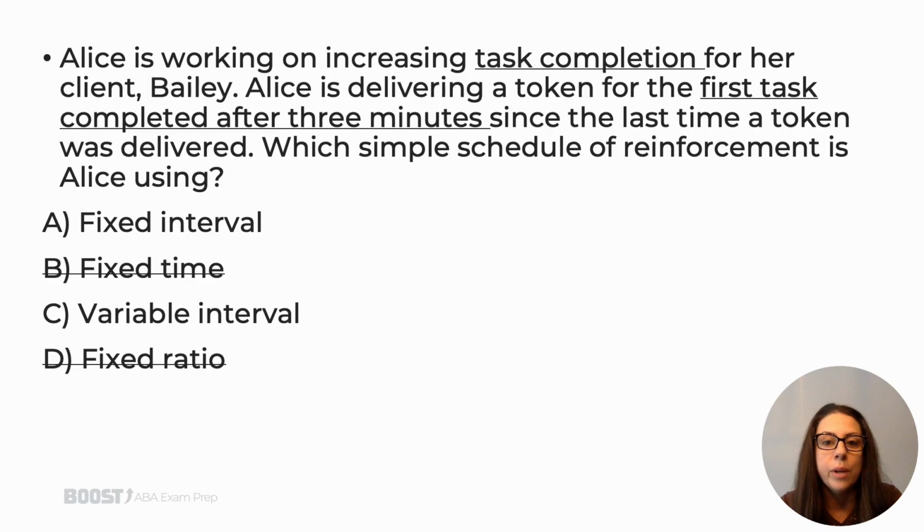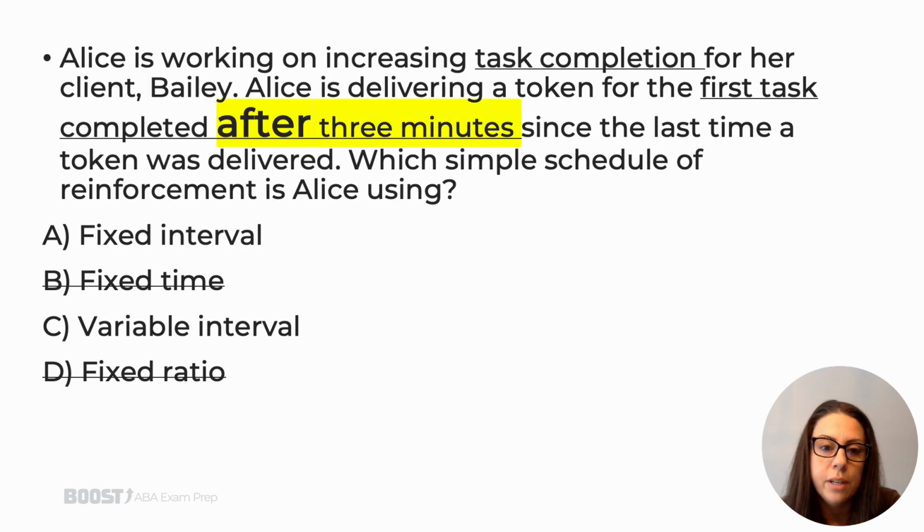So we'll go ahead and get rid of fixed ratio. And that's just based on being fluent with the definitions. Okay, so what are we left with here? We've got 2 types of interval schedules. So the only difference is whether it's fixed or variable. Let's take a look at that question again.